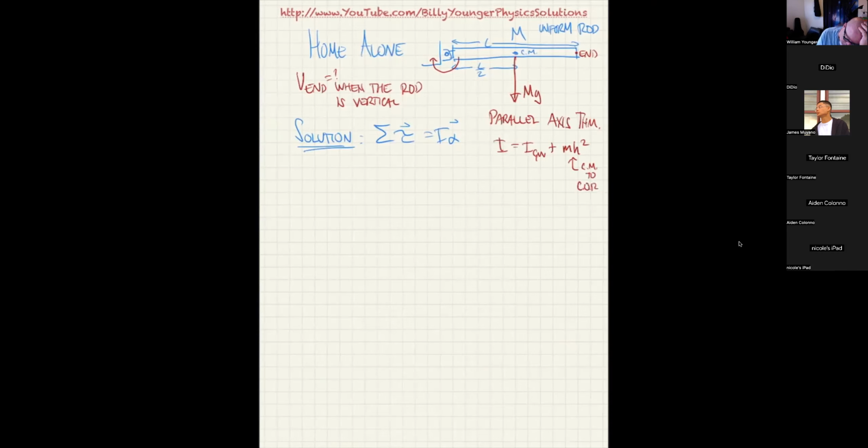So in this case, h is equal to L over 2, because that's how far away the center of rotation is from the center of mass. Now, we can actually calculate what the moment of inertia of a rod is.